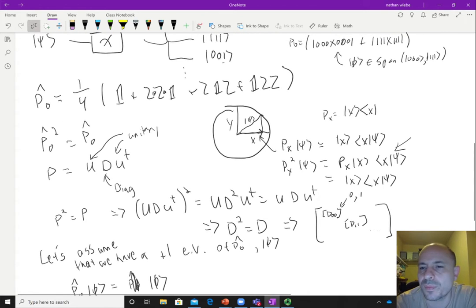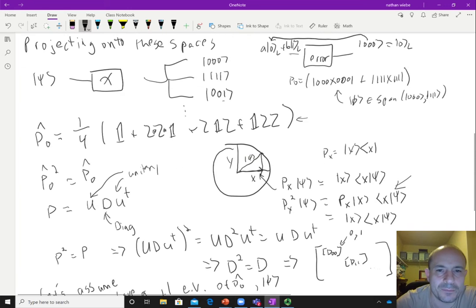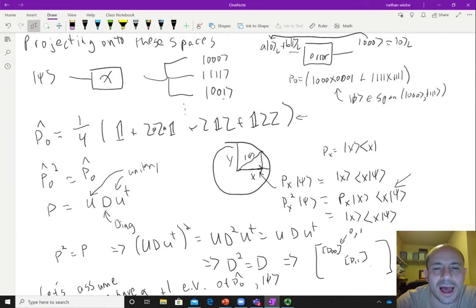So if it's in the +1 eigenvalue, i.e. it's a valid code word from this perspective, then what we know is that from this operator over here, it also has to be a +1 eigenvector of this, this, and this. Why do we know that?